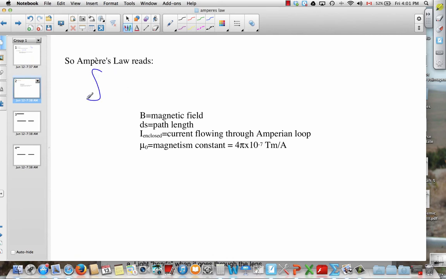So add up B dot ds, s just means a little bit of path length, is mu naught, which is the magnetism constant, 4 pi times 10 to the minus 7, times the enclosed current. Now, if we pick our path appropriately, then B will always be parallel to ds, so that the dot product just gives us B ds.